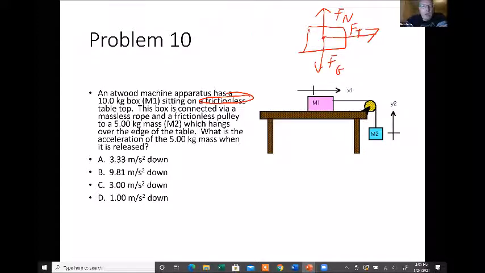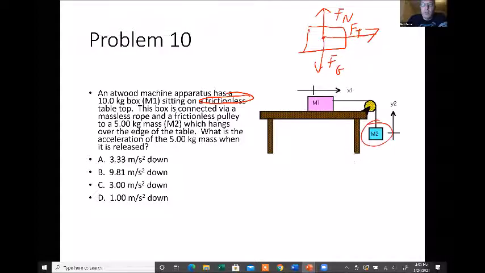In this case, what really is causing the net force on this system? What's causing this system to move, guys? Somebody help me out. The gravity, yeah, acting on what? M2.